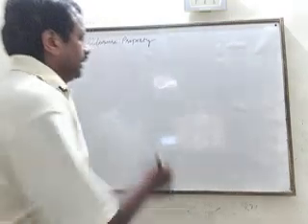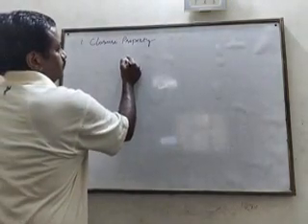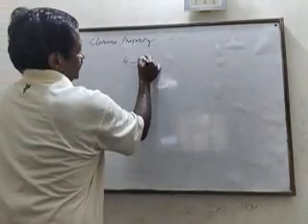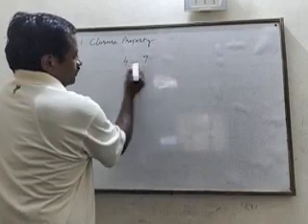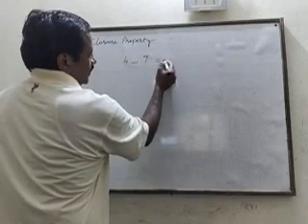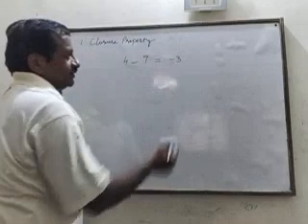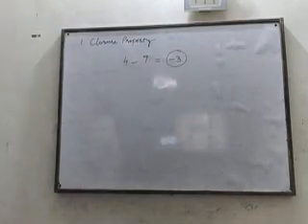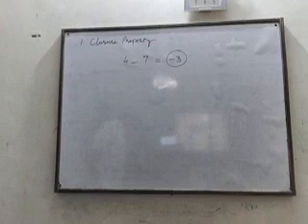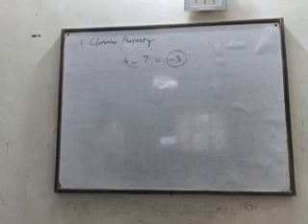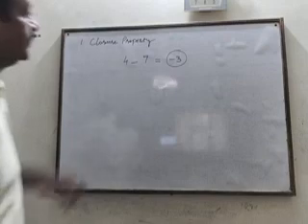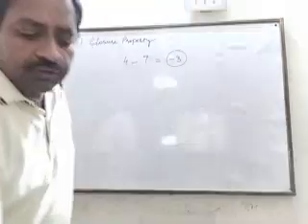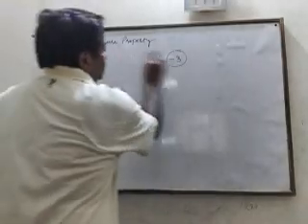No. Like 4 minus 7. This is a natural number, this is a natural number, and you are getting minus 3. And minus 3 is not a natural number. So what you will say? Natural numbers are not closed under subtraction.